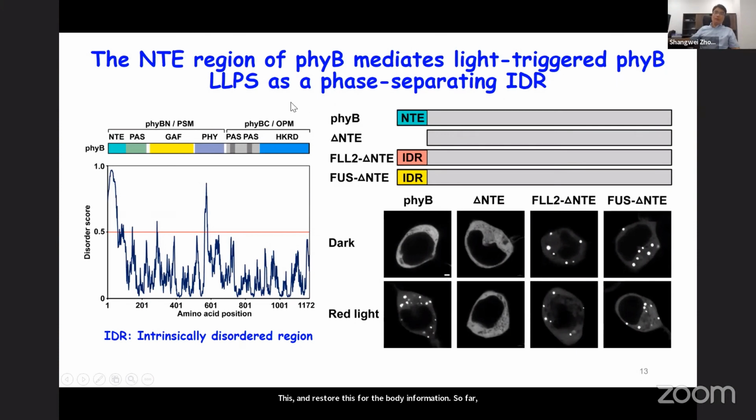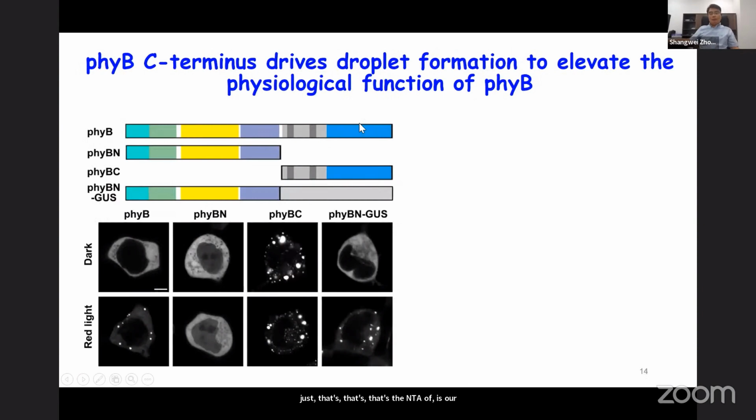We also examined the contributions of other domains of phy in regulating this droplet formation, and found that if we divided phy into the N-terminal and C-terminal, the N-terminal alone cannot form photobodies. However, the C-terminal will continue to form photobodies and did not respond to light.